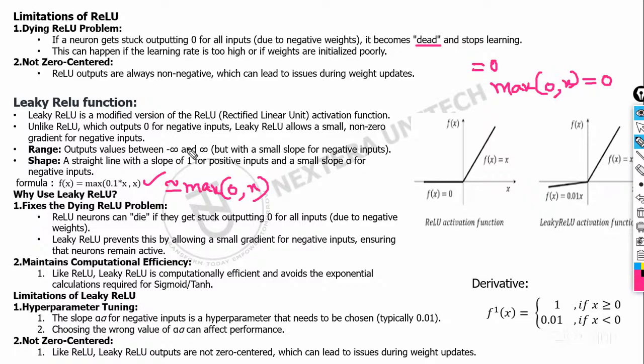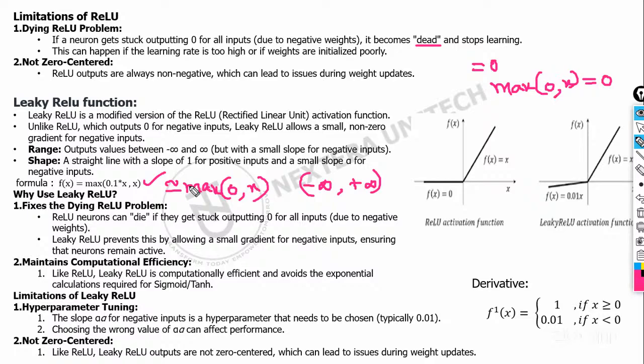And the range of leaky ReLU will be minus infinity to plus infinity. Probably I should use regular braces instead of square braces, because square braces mean it includes the endpoint. So anything can be given as output for leaky ReLU, and this is going to overcome the issue of ReLU.